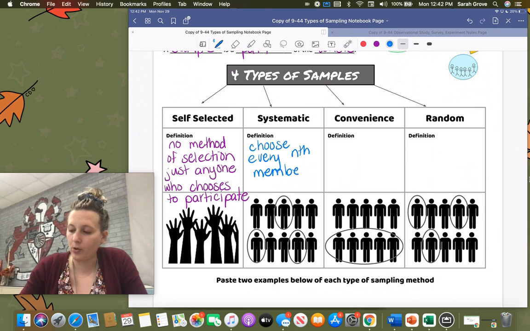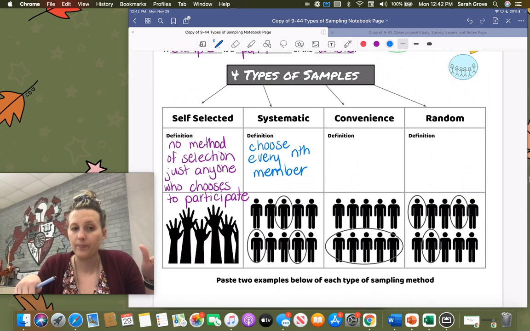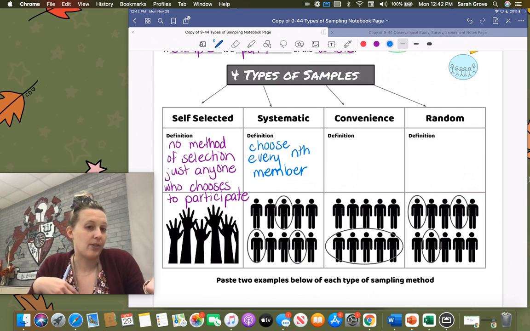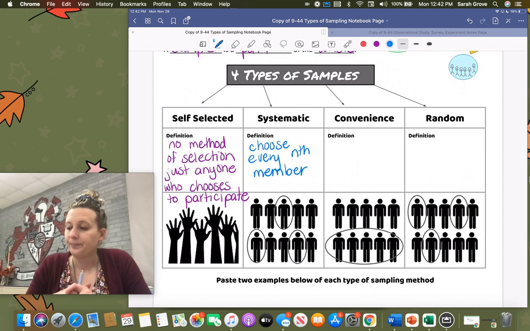So let's say you had a whole list of all of the students in your school and you wanted to choose, you had an alphabetical order and you numbered them, and you wanted to choose every 20th person to survey, or every 5th person in your class to survey if you had a list of all their names. So that nth just means you choose what interval you want to pick from. This is much better than self-selected. However, it's not the best because you don't necessarily hit every single subgroup of your population.